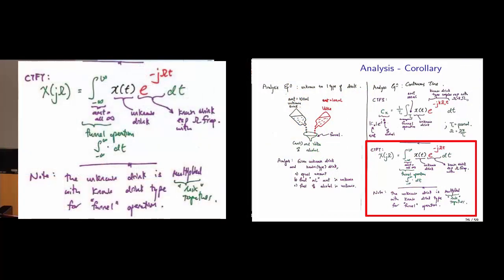In this subpart, it is the continuous time Fourier transform equation of the analysis equation. Here, because we do not have one period anymore, the integral is over minus infinity to infinity of the unknown signal of interest multiplied by the signal that we are interested in, in this case e to the minus j omega t.